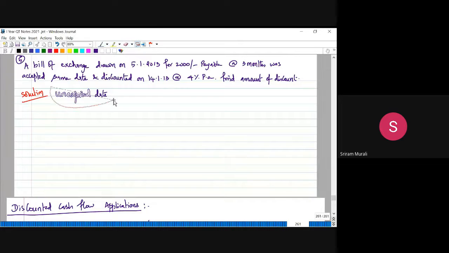The unexpired number of days, how many days this discount existed, is from 14th January 2013 to 8th April.